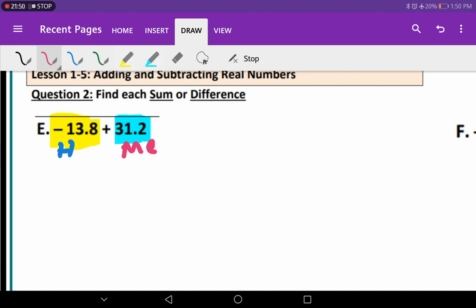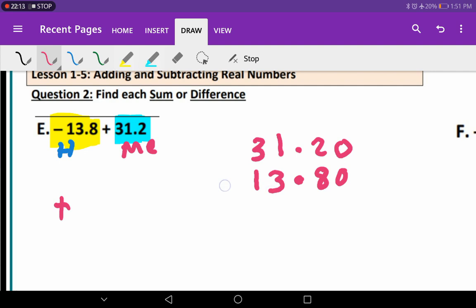So I have more than Hamada. Because of that, the answer must be positive. But here I have to pay Hamada 13 riyal and 80 halala. So I do the subtraction: 31.20. I put the decimal point here and write the 80 here, and 13 will be here. I do normal subtraction. So 2 minus 8, don't say 6.